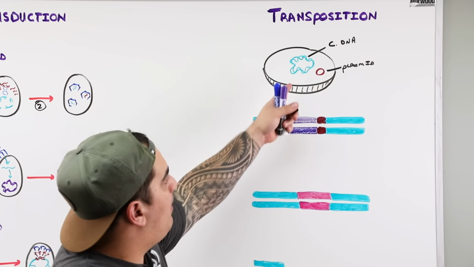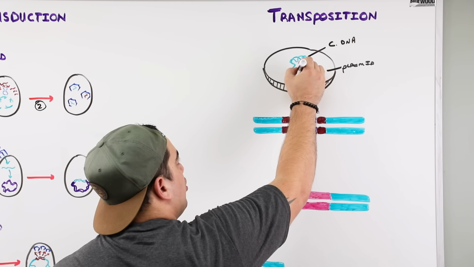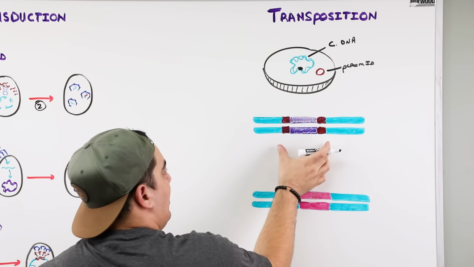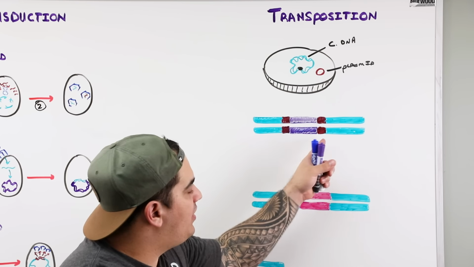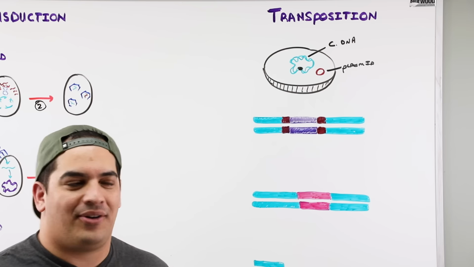Let's say that on my chromosomal DNA, I have a particular portion here that I'm going to zoom in on and really look at, because it has a very particular type of gene sequence or element that I want to talk about.